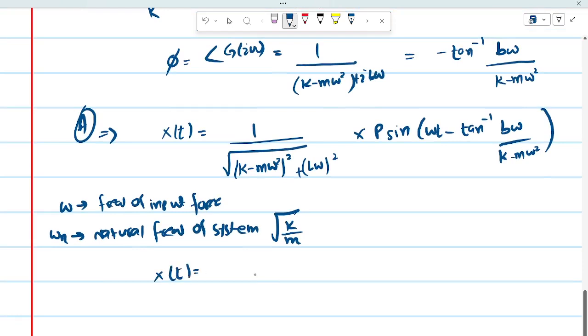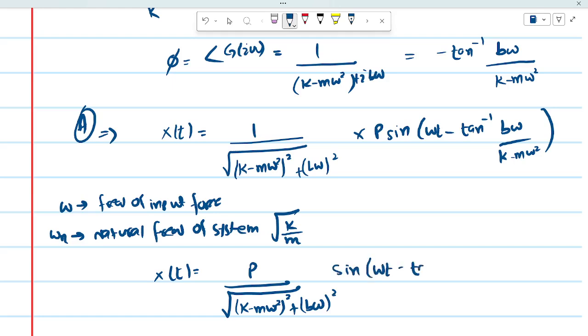That becomes equal to p divided by under root of (k minus m omega square) square plus (b omega) square, into sine omega t minus tangent inverse b omega over k minus m omega square. So this is the total solution of our system.